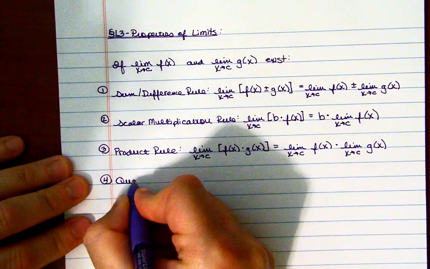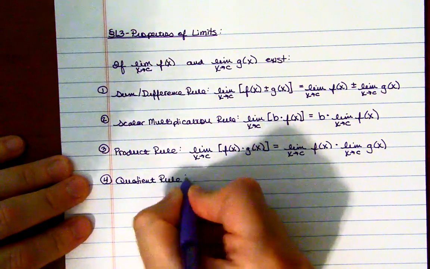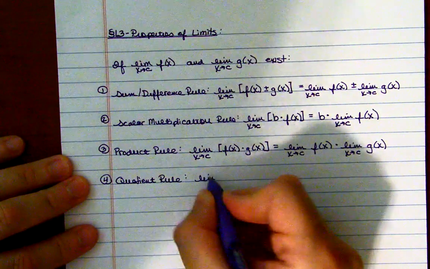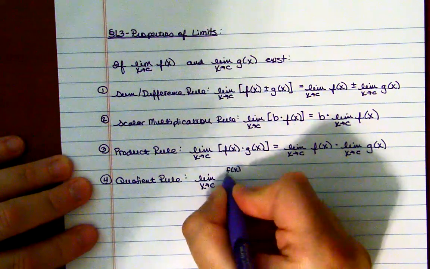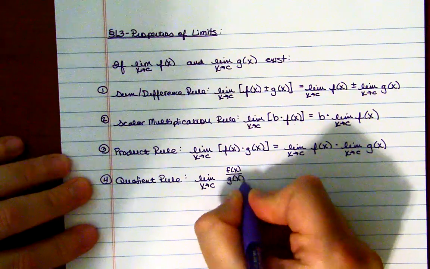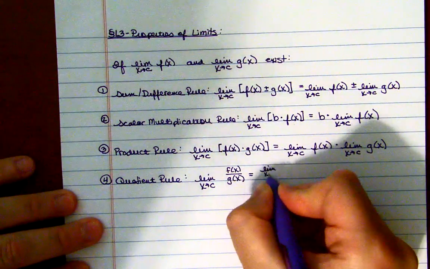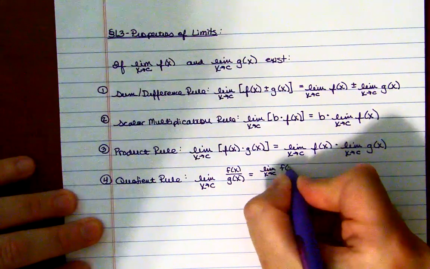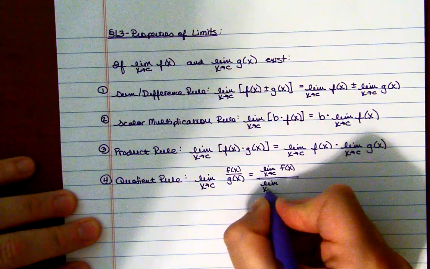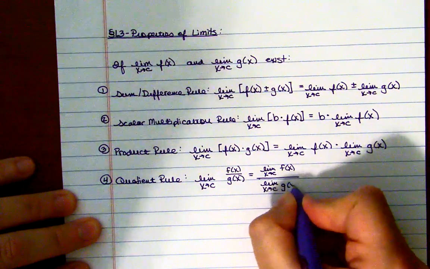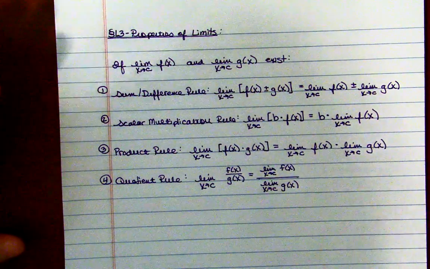Next, we have a quotient rule, which says that the limit as x approaches c of f of x over g of x equals, well, yeah, exactly what you thought. The limit as x approaches c of f of x over the limit as x approaches c of g of x. Well, actually almost.